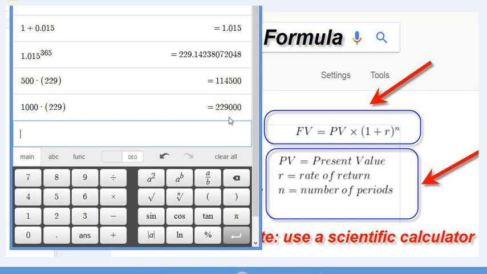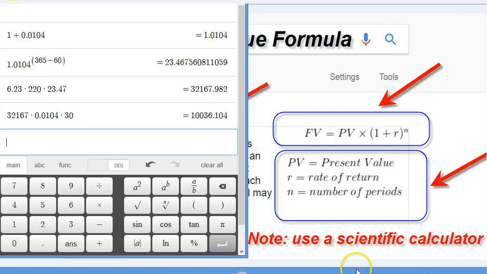So let's have another example here. In this particular example, the daily rate is 1.04%. If you divide 1.04 by 100, you come up with 0.0104. That would be your daily rate in this example.